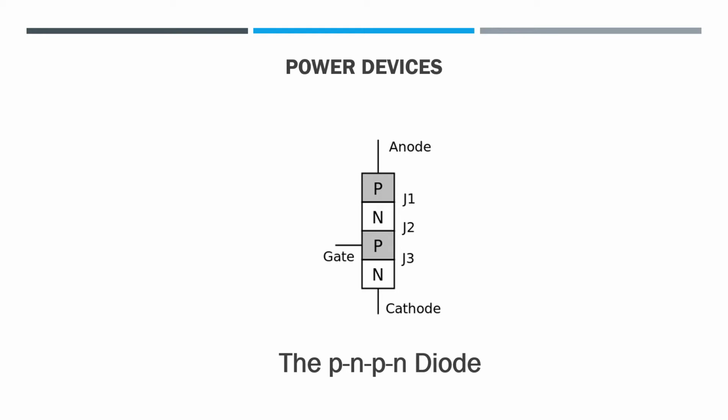Therefore, these devices can be used to block or pass currents at a predetermined level. In this chapter, we shall discuss the physical operation of the SCR and the combination of FET and SCR called the insulated gate bipolar transistor.